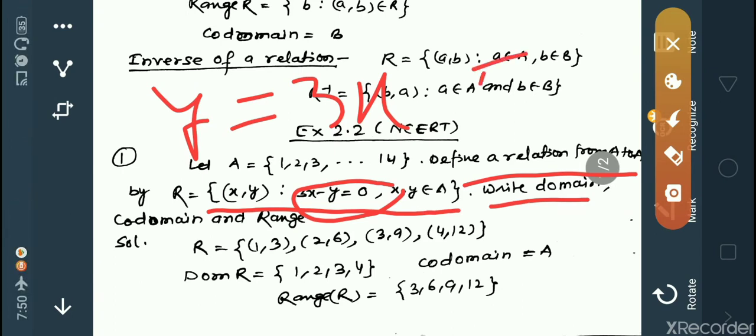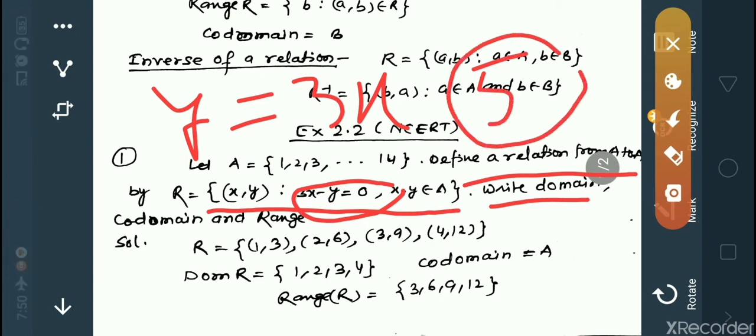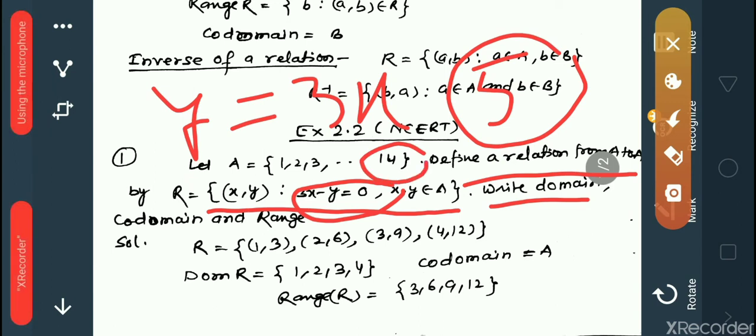We can't take more elements here, because if we take 5, then we shall get 15, but 15 is not included in this set. So the range can never exceed the codomain. Here the codomain is A. So this is the required relation, and it is in roster form.